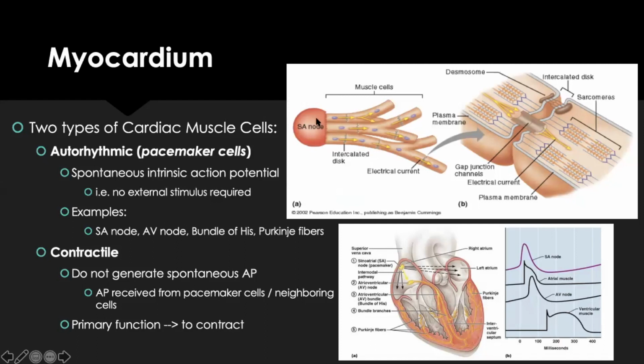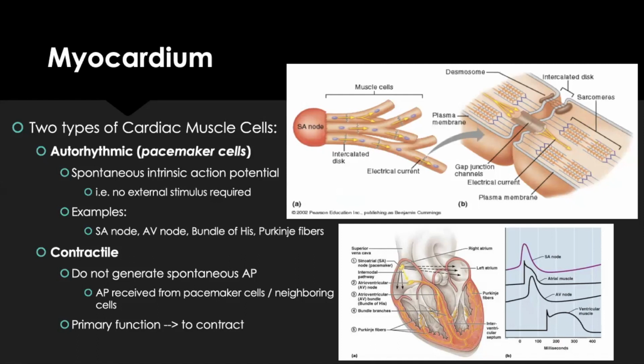I've already talked about this a little bit before in the heart rate and blood pressure lecture, so I'm not going to talk about it more. But basically, in addition to what I've talked about before, there are pacemaker cells or autorhythmic cells, and the heart is special in the way that it doesn't need external stimuli for contraction.